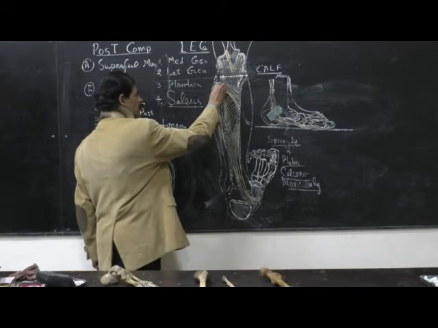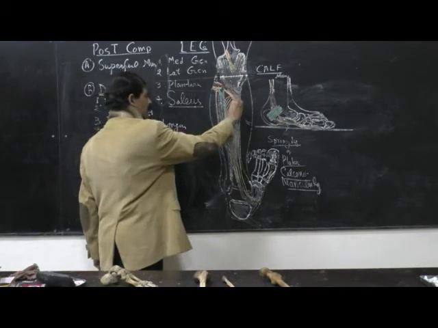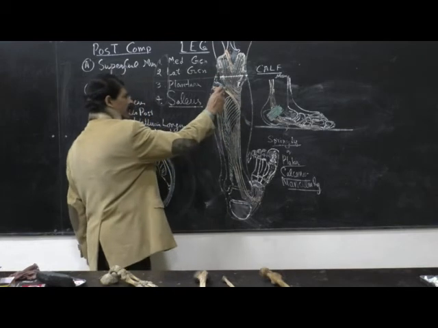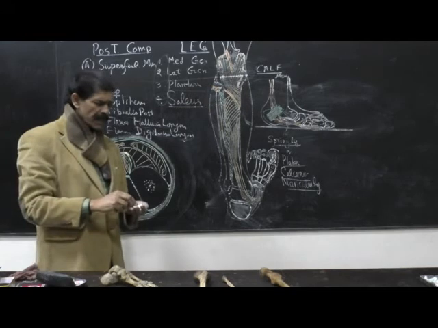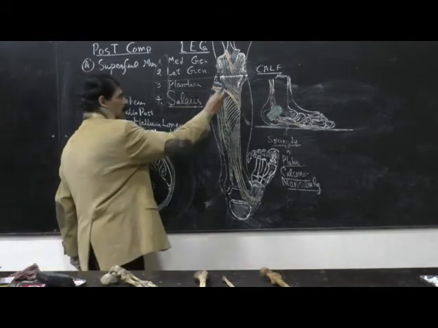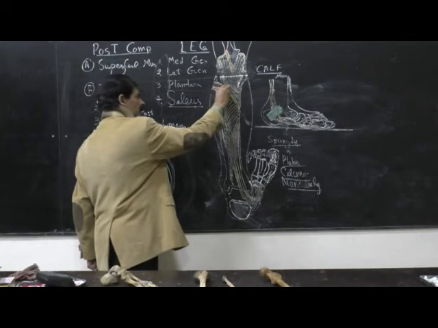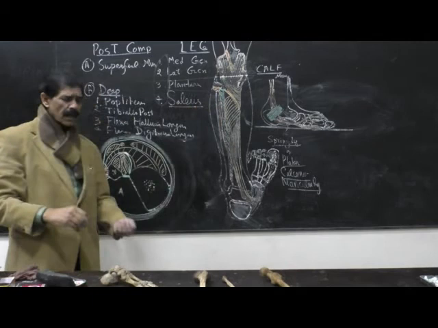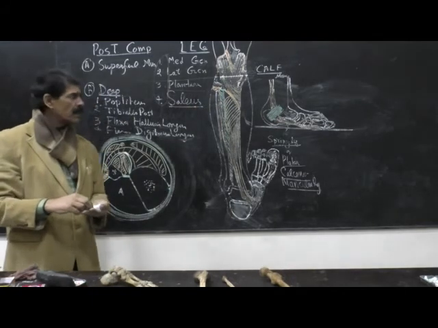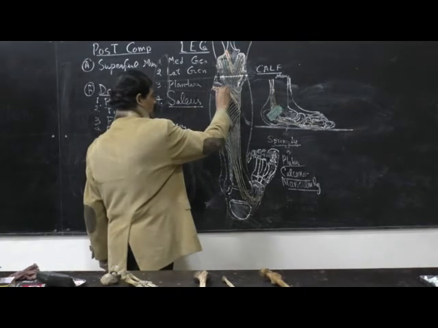So this is the fibular head. The tibial head is from the soleal line. Then the tibial and the fibular heads are joined by a tendinous arc intervening between them, and this tendinous arc also gives rise to the muscle origin of the soleus muscle.